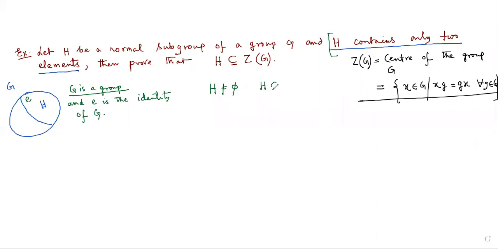H is definitely a subset of G, and H is a subgroup of G, that is also given. And H contains two elements, that means one element must be the identity element of the group G, and another element which is a non-identity element. So this is the form of H in this current scenario: H = {e, a}, where a is another non-identity element of the group G, which is contained in H. This is the scenario.